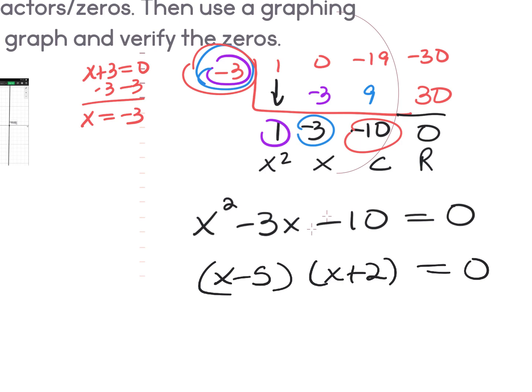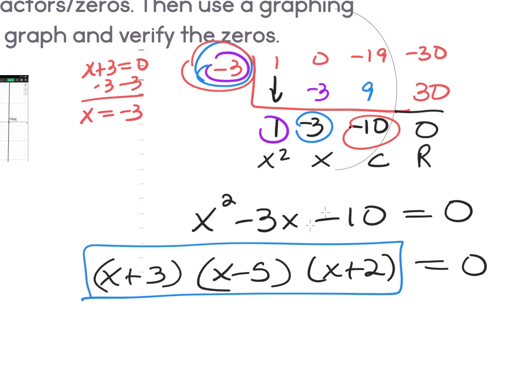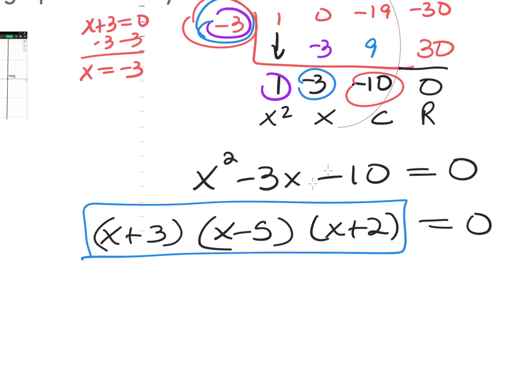So again, if I ever ask you to list just the factors, they are this row right here. However, in WebAssign, they want the solutions. So what we're going to do is set x plus 3 equal to 0, x minus 5 equal to 0, x plus 2 equal to 0.